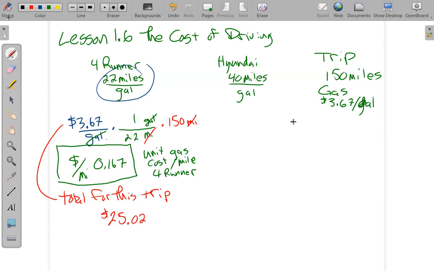All right, so your task is to repeat that idea for the Hyundai. And to answer this question, you need the total cost for the Hyundai at 40 miles per gallon. And as a side, you could also find the unit cost for the Hyundai at that price for gas. So pause, get that done, then we'll move on.